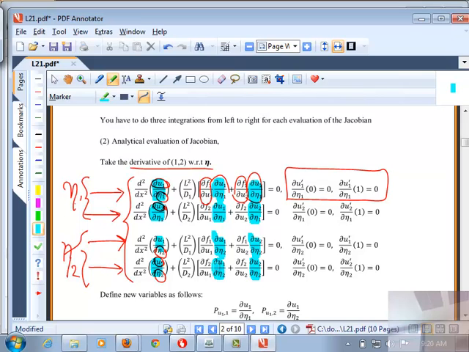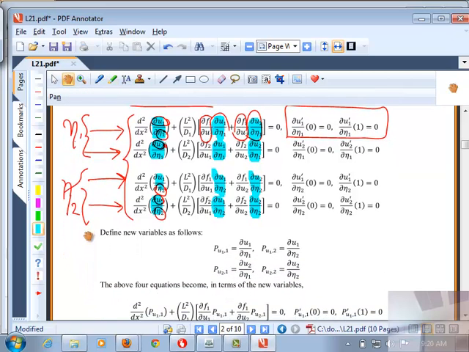So du1 with respect to d eta 1, I'm indicating by a new symbol, pu1 comma 1. That's a new variable I have introduced. It simply says that it is the partial derivative of u1 with respect to eta 1. The second subscript indicates what I'm taking the derivative with, and the first subscript indicates which variable it is, u1. So I have introduced 4 additional variables and 4 additional equations.